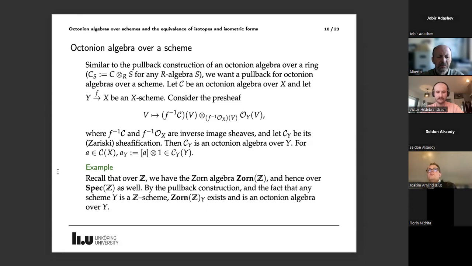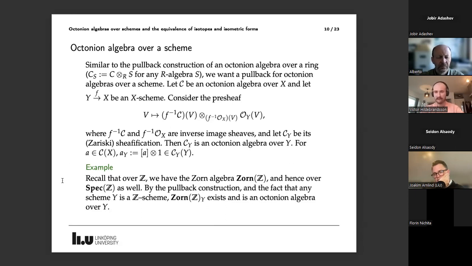So an example. The important part of this example is that we can construct by this pullback an octonion algebra over any scheme. So any scheme has an octonion algebra over it. And this is because, as we said before, we can define the Zorn algebra over any ring, and hence over any affine scheme. So we define the Zorn algebra over the integers.